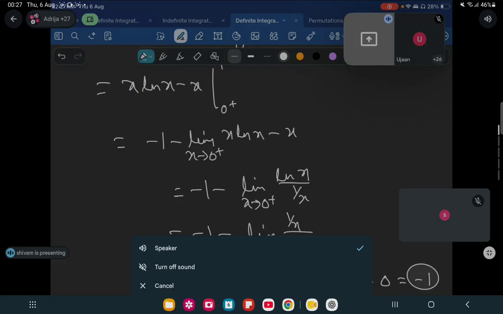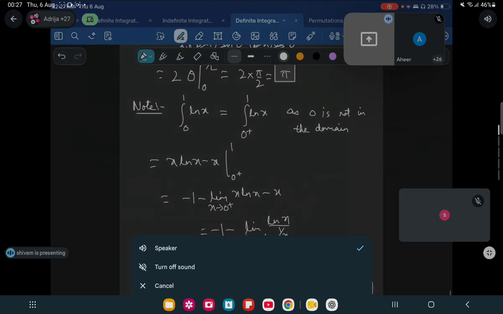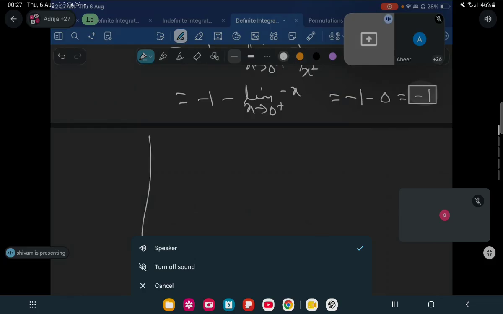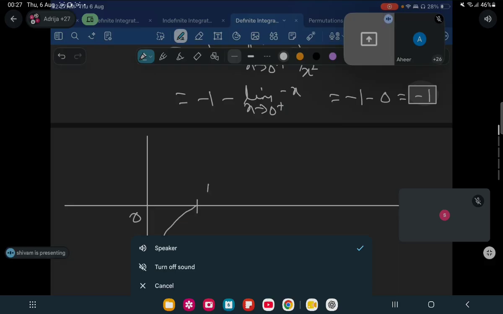Tell me, are you getting? Yes or no? Yes, sir. And you see the integral is coming as negative. Where does the graph of ln x lie from 0 to 1? Do you remember? The graph of ln x is completely below the x-axis from 0 to 1.